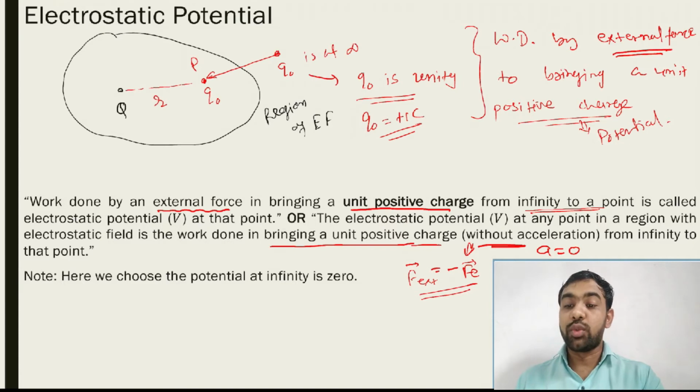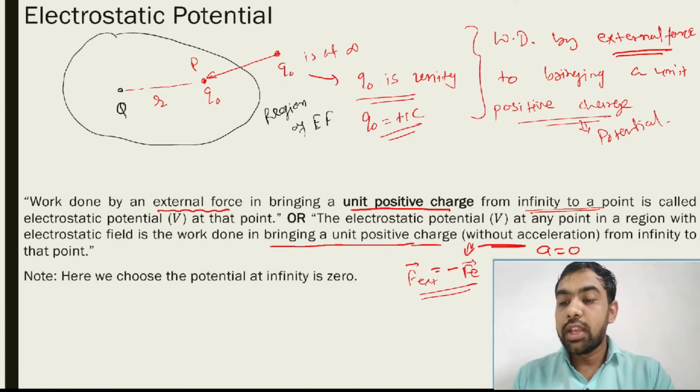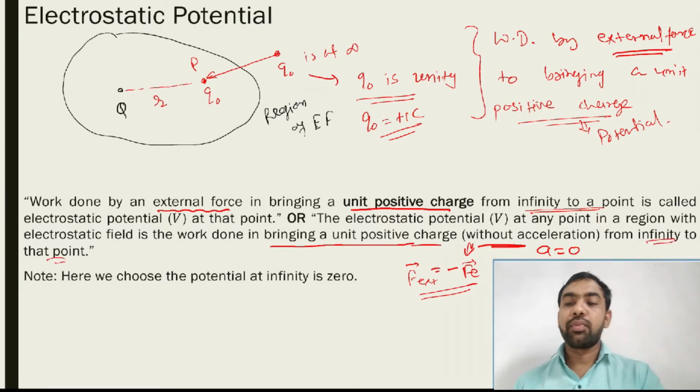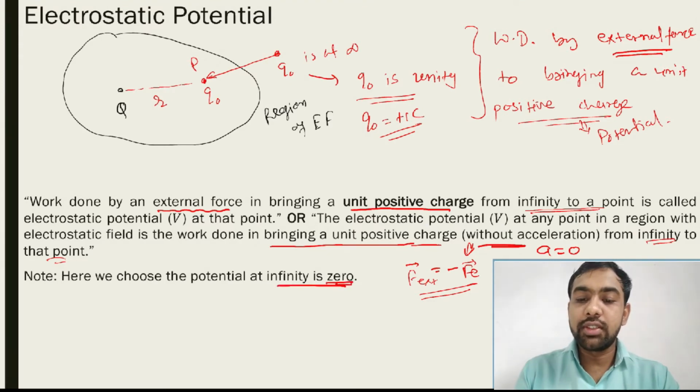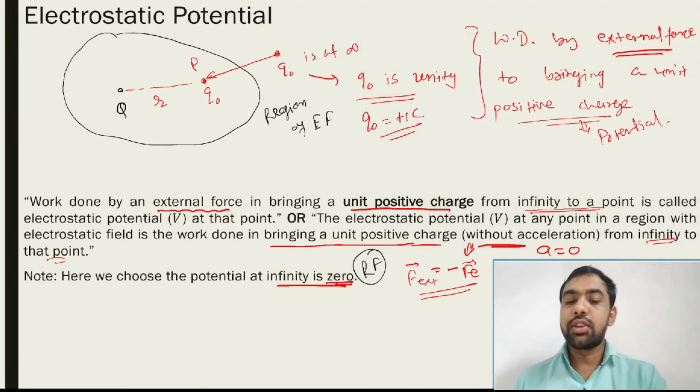So the net force is 0, without acceleration, from infinity to the given point P. Here we choose the potential at infinity to be 0. That is our reference, you must note this. At infinity the potential is considered to be 0.